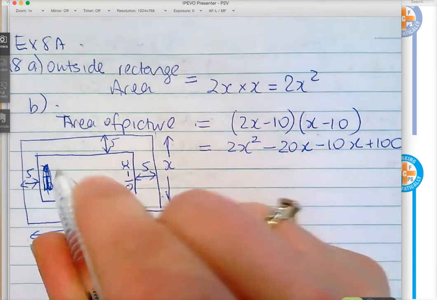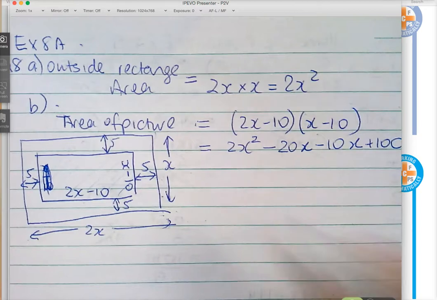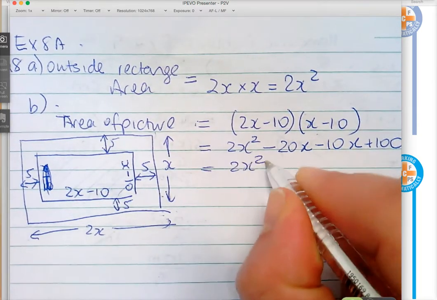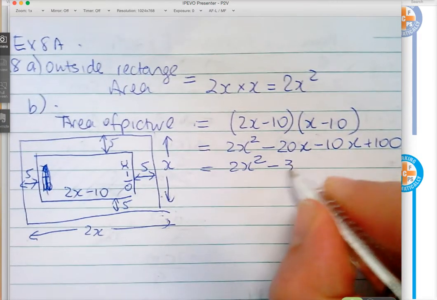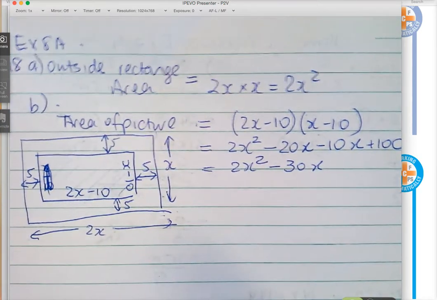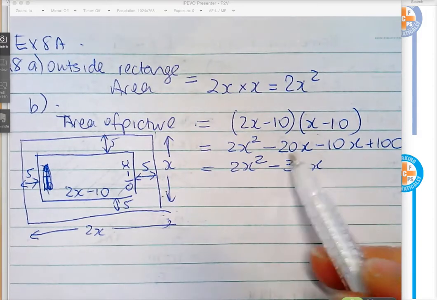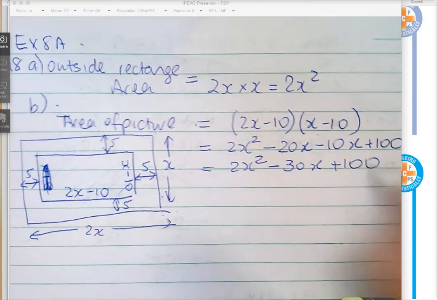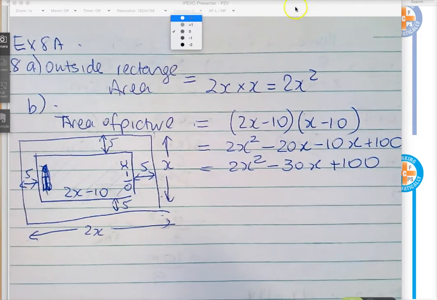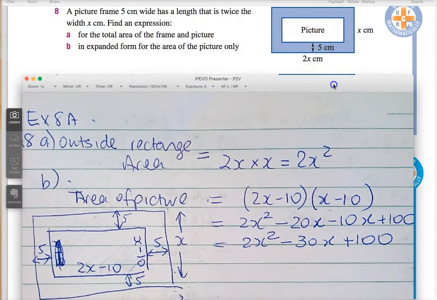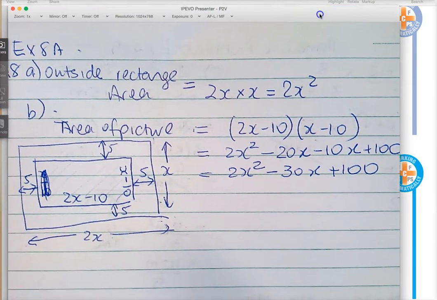So the area of the picture, that's that inside bit, is 2x squared minus 30x plus 100 is the area of the picture. So the question is to find the area of the picture.